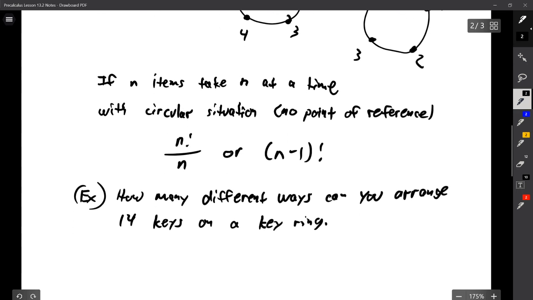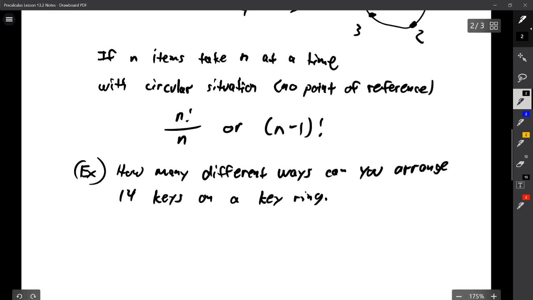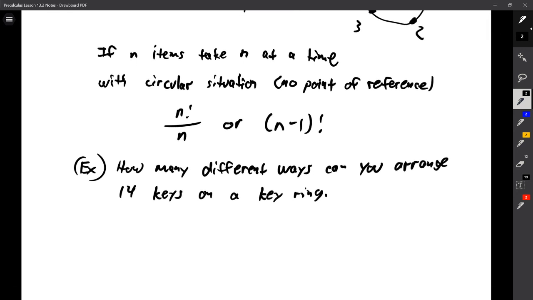So we're assuming a standard key ring, there's no point of reference for which key is first and which key is last. Okay, so this would be a circular situation.